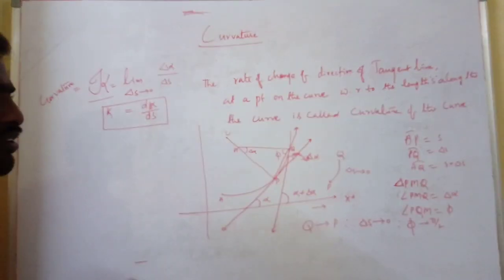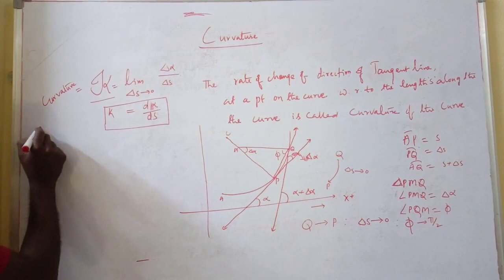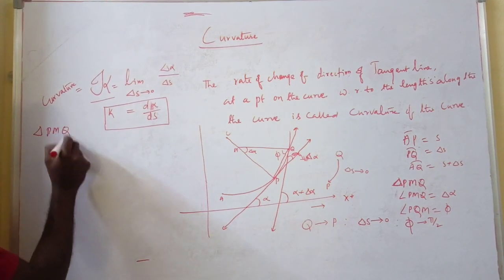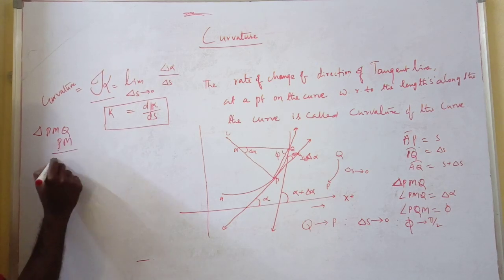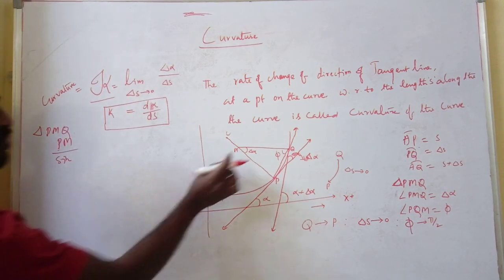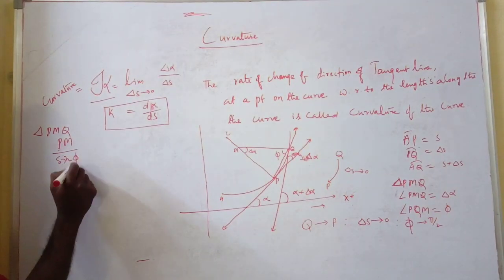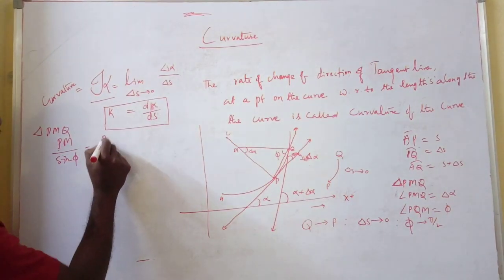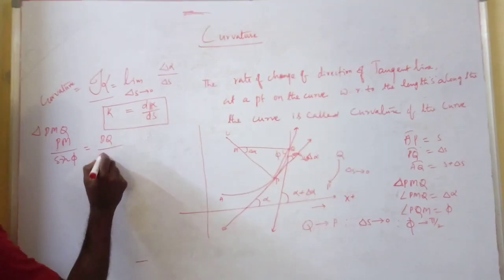So see here. First of all, by the triangle PMQ, from this, PM by sin of its opposite angle phi is equal to PQ by sin of its opposite angle delta alpha.